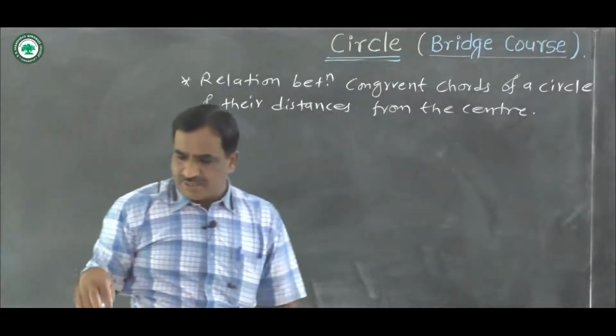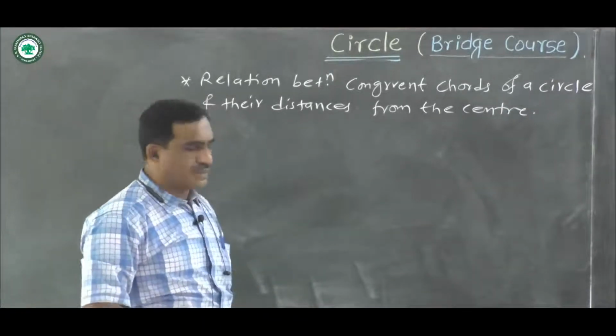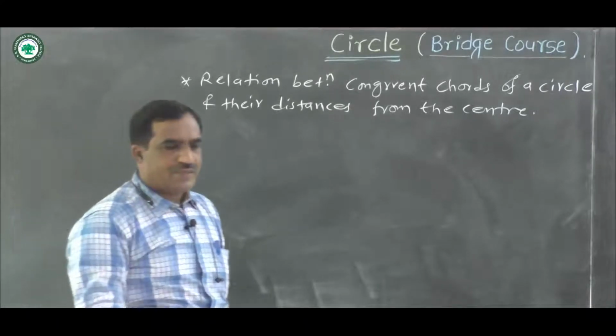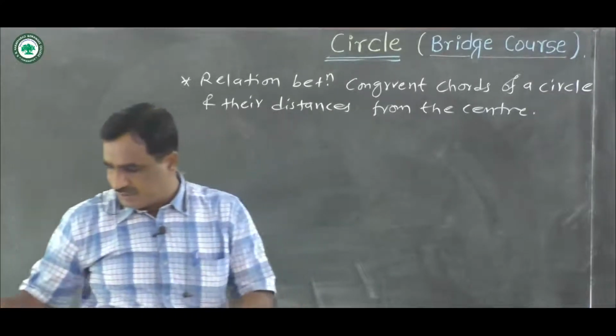We know that this relation is: congruent chords of a circle are equidistant from the center of the circle.